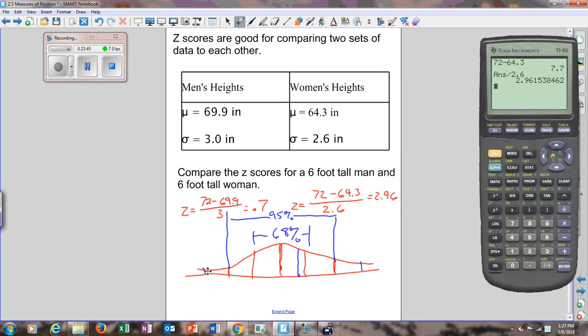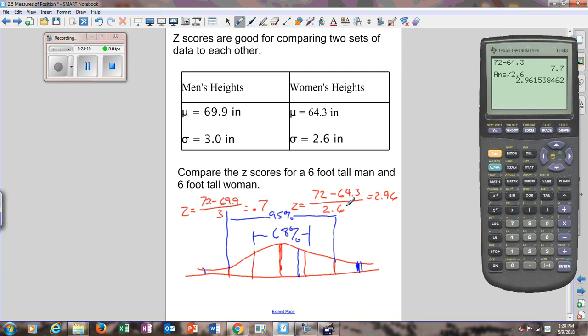So from here down would be 2.5%, and from here up would be 2.5%, right? This person is 2.96 standard deviations out, so this woman is like right out here, which puts her in the top 2% of women in the country.